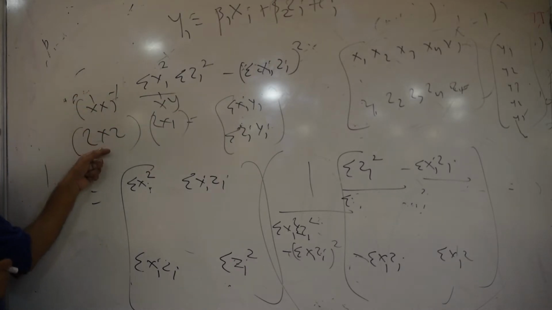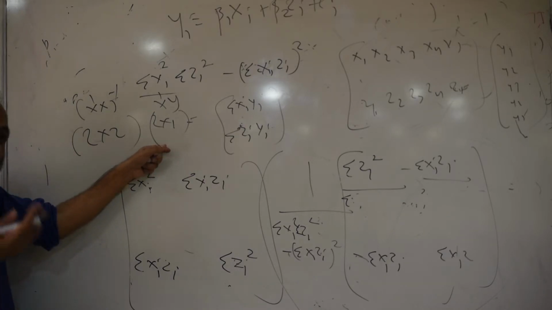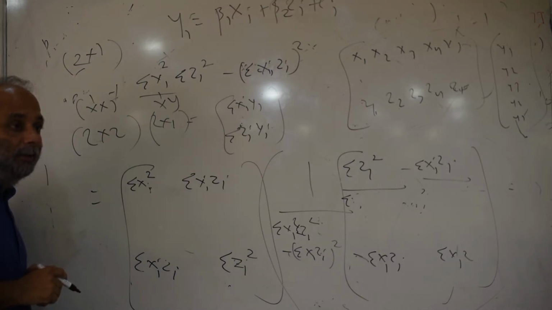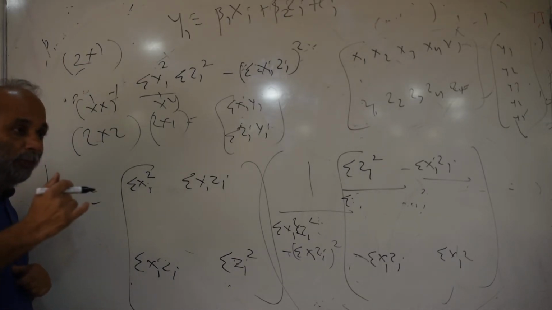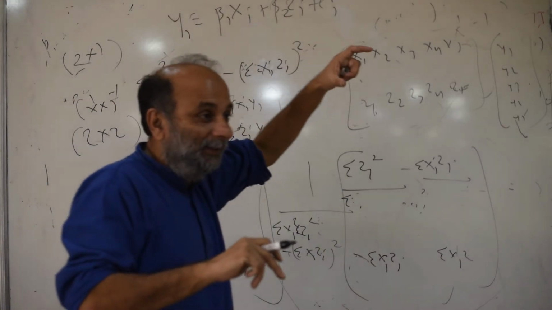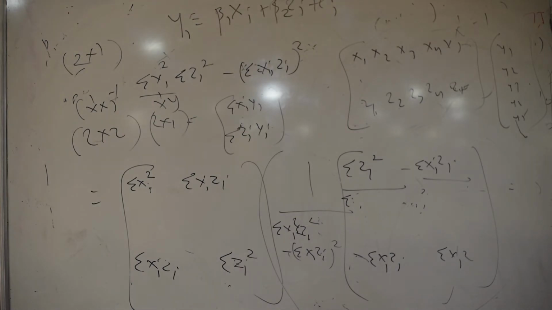X dash x inverse is a 2 cross 2 matrix. X dash y is a 2 cross 1 matrix. You can do it, no? So 2 cross 2 into a 2 cross 1 matrix will be a 2 cross 1 matrix, with 2 rows and 1 column. The first row will give you the value of beta 1. The second row will give you the value for beta 2.